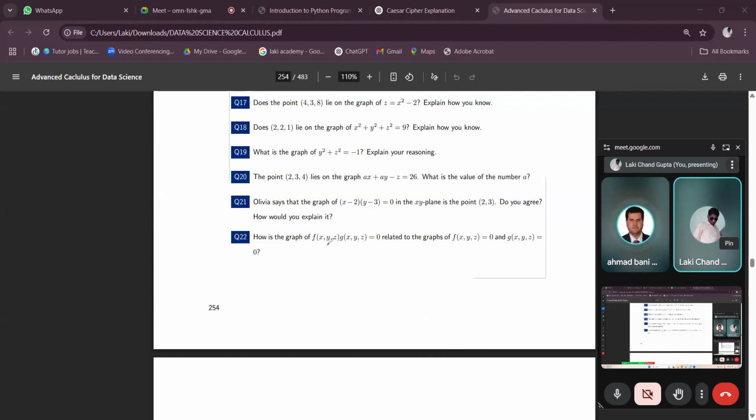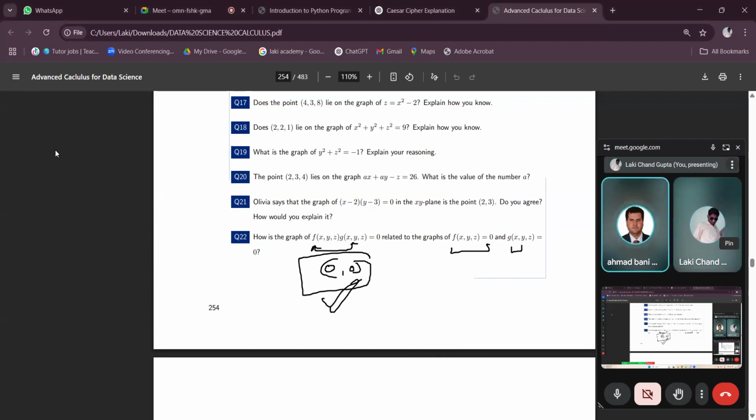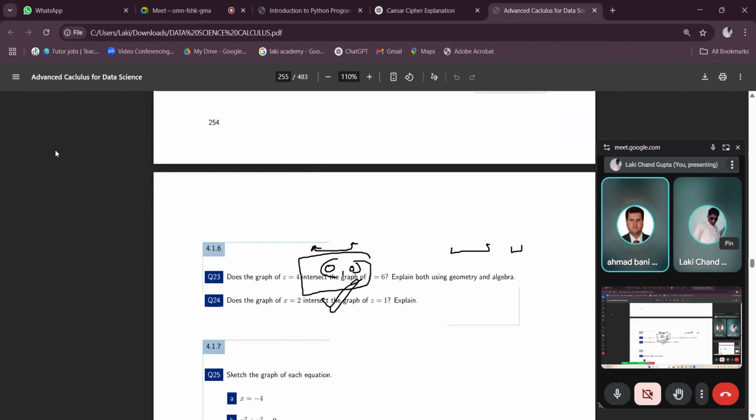The product of two terms is 0 when their individual values are 0. Whenever the product of two functions is 0 and their individual values are 0, it means that they are the origin.